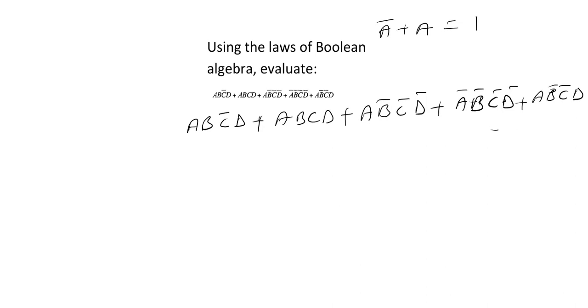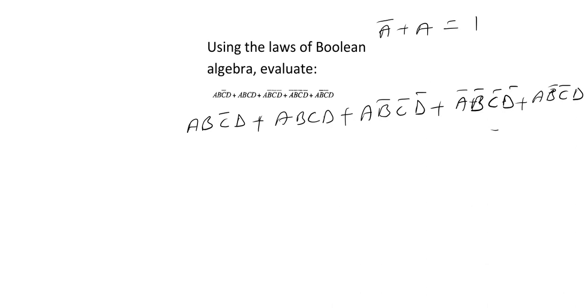So we shall be using such laws here to simplify our expression. To start, very simple, you just play about with which terms are common in which expressions. You factor out, you check whether there is a law that you can apply. Then at the end of it, you will find yourself simplifying the expression.